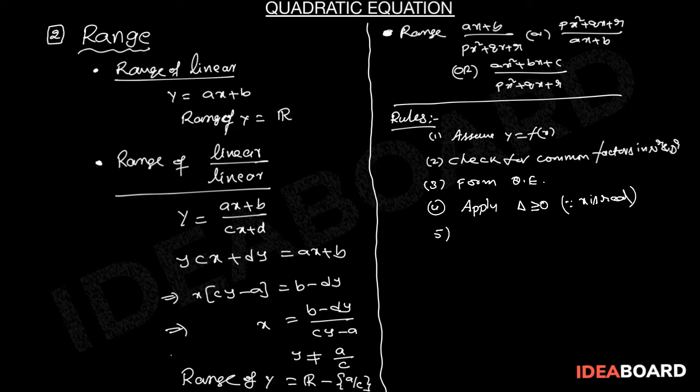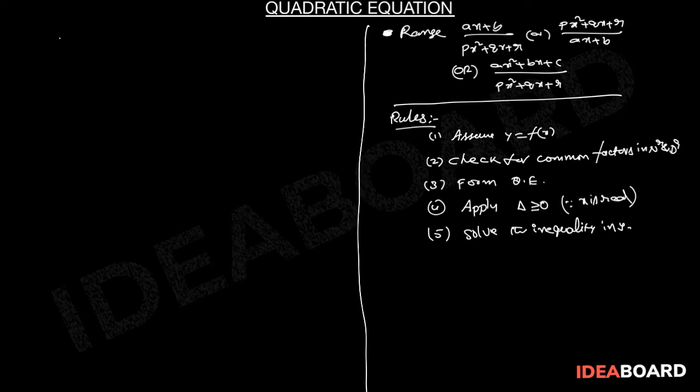Fifth one is solve the inequality in y. The set of values of y is called the range. This is the working rule for finding the range of functions of the kind linear by quadratic, quadratic by linear, quadratic by quadratic.